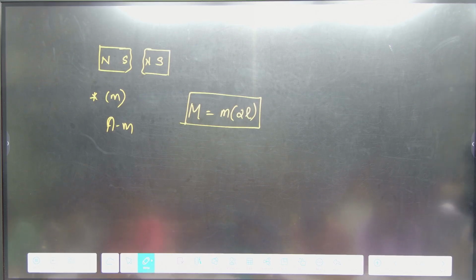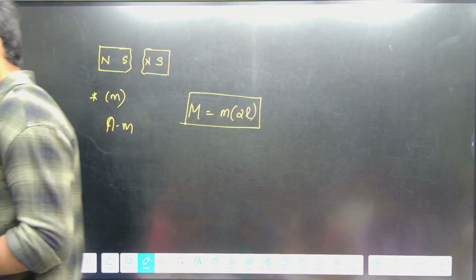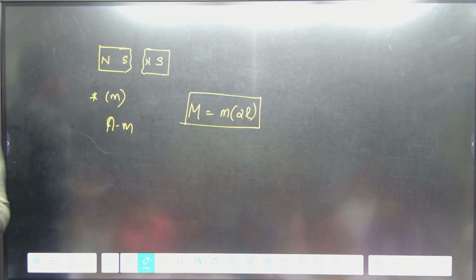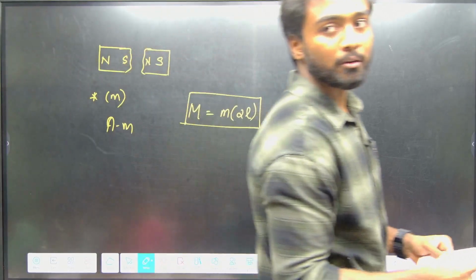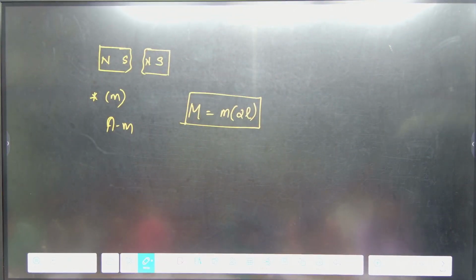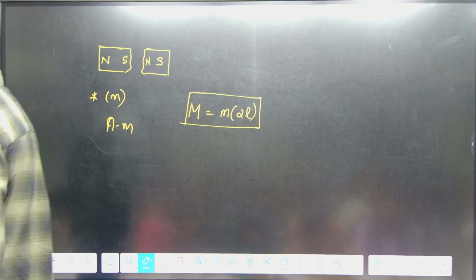The next point is that the magnetic dipole moment is always directed from south to north.